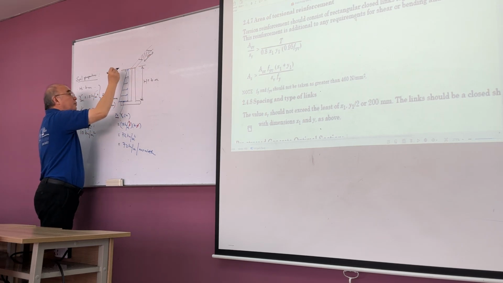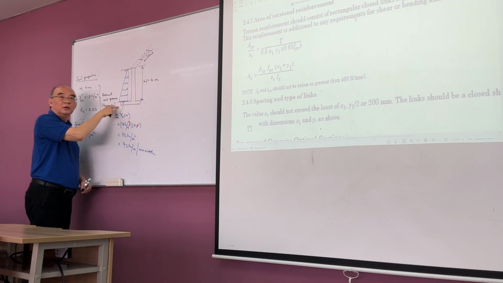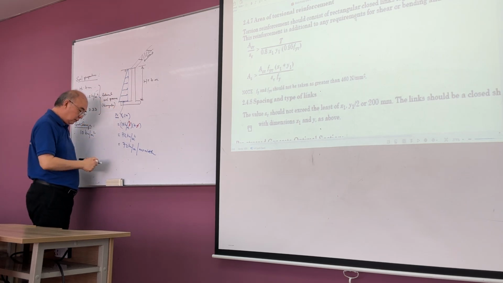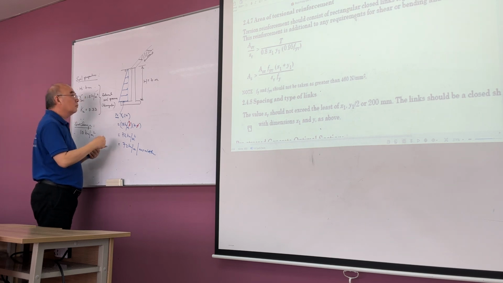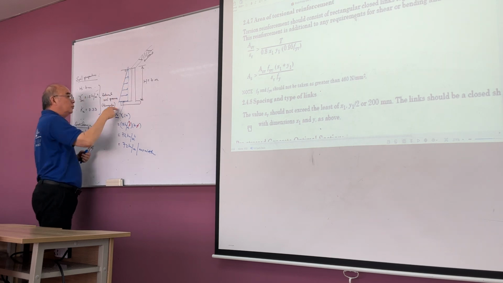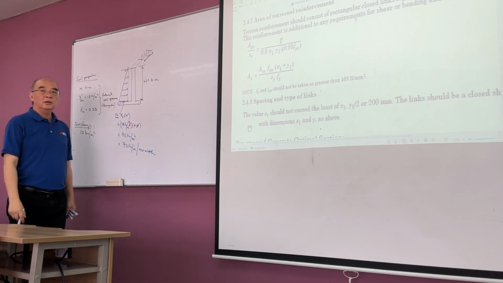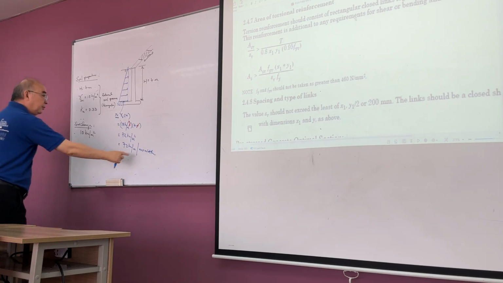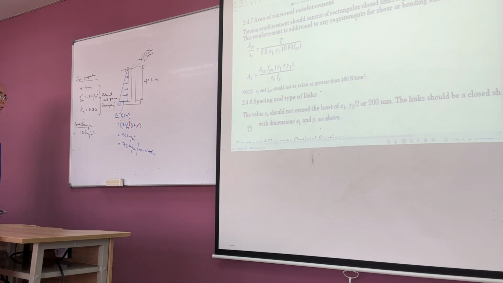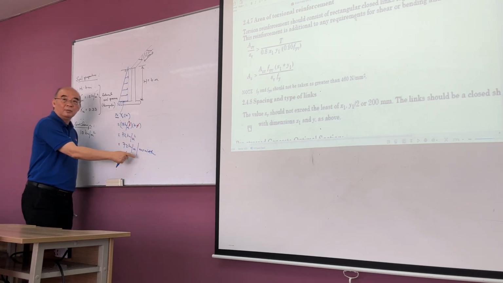It starts from 0 to 72 kilonewton per meter. Understand? Start from 0 to 72 kilonewton per meter. Okay, linear load and per meter width.